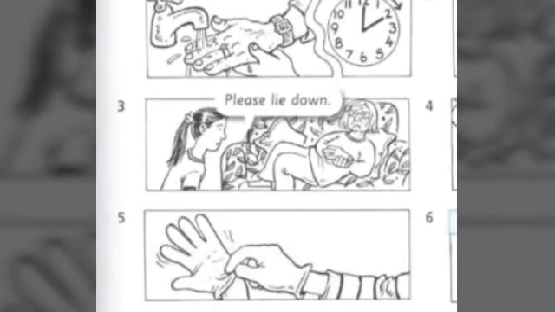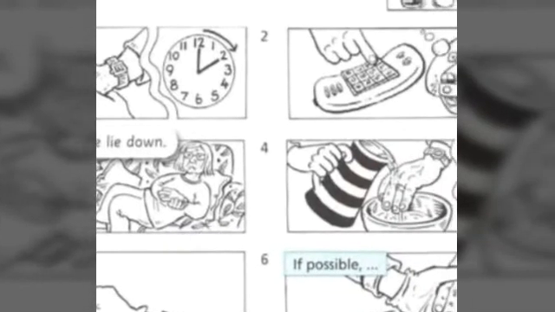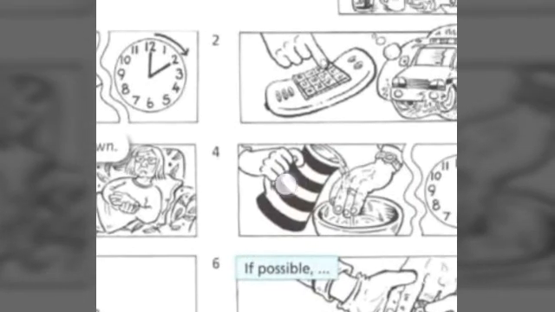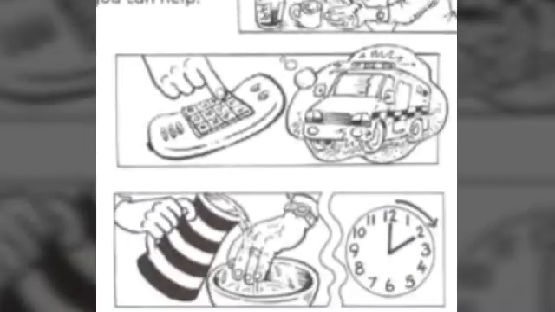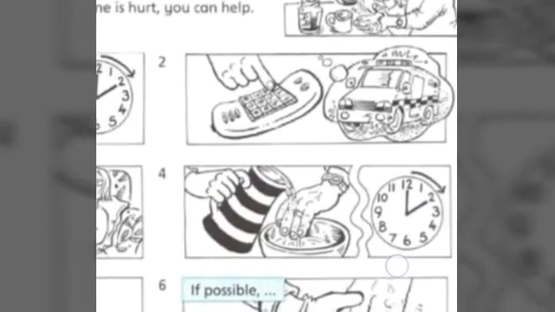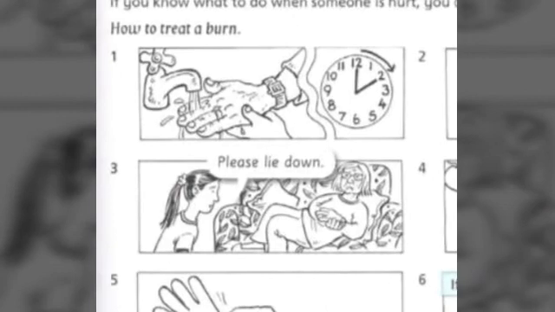So you should keep it for 10 minutes. Then let's move to the second picture. Just call the ambulance or the emergency because you need to go to the hospital. And in picture number 3, just lie down because we don't want you to move to make your blood pressure get high. So this is gonna be very bad for your health.